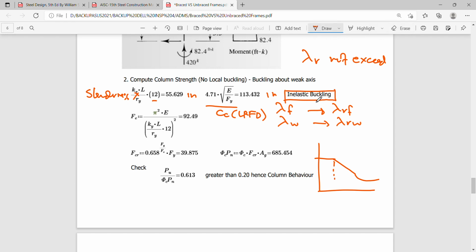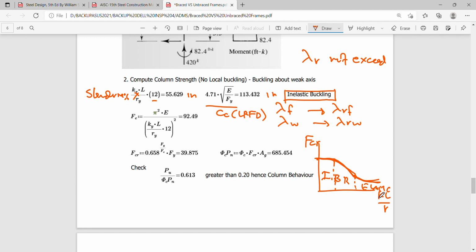So this is Fcr over, let's choose, KL over r. So the shape is somehow like this. Take note that this is the inelastic buckling region, and this is the elastic buckling region.